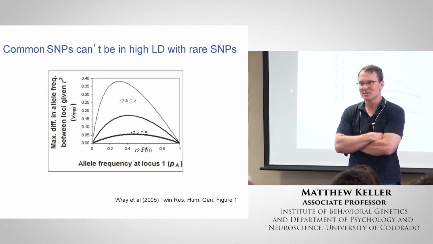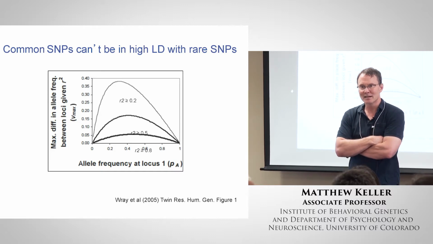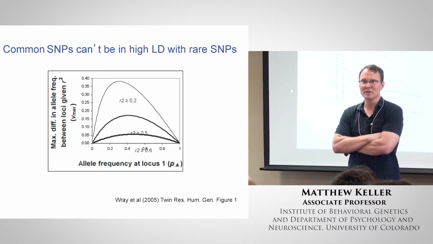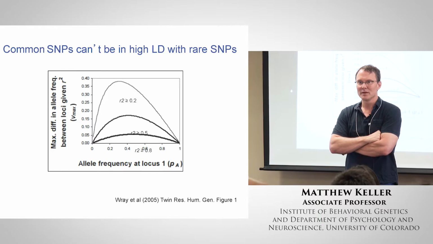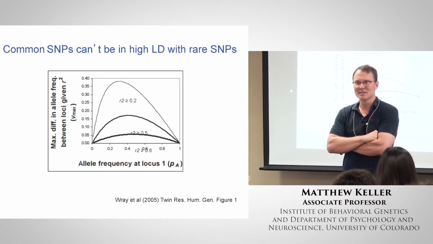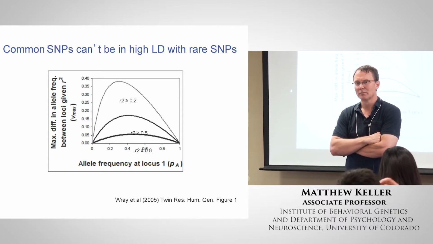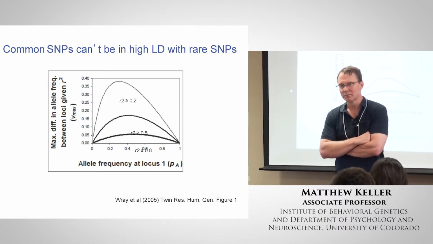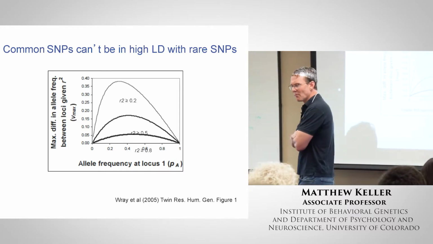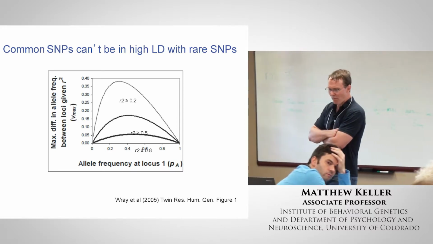I mean, D prime is just the covariance standardized by the maximum possible covariance that you could get between those. And so D prime in these kinds of contexts is probably not a very good way of estimating LD. I only raise it because you can have a D prime statistic of 1 and you've got a rare variant of 0.02 and a common variant of 0.4.